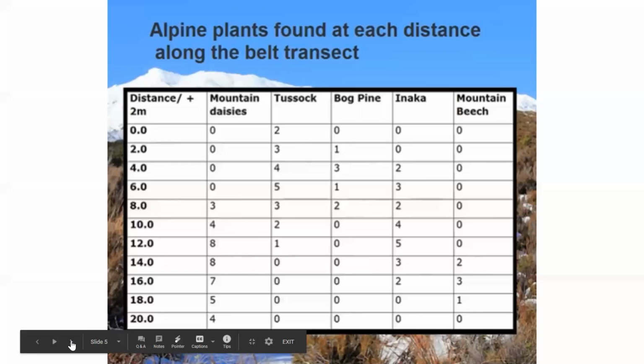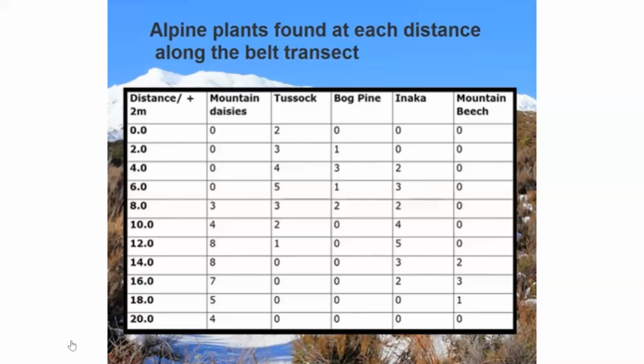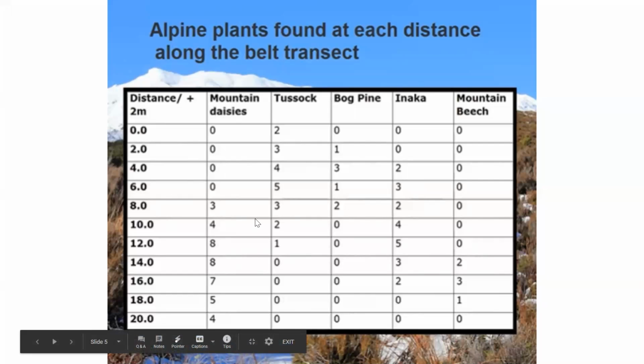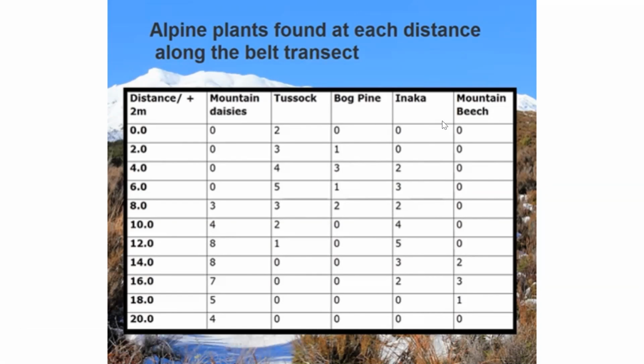Because these were the 5 different species of plants that he noticed, in his data table he has 5 columns for these 5 species of plants. And he was measuring along the transect at an interval of 2 meters, and at every interval of 2 meters he was counting how many of these 5 plants are touching that point.